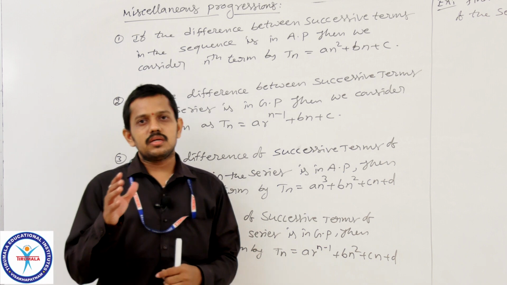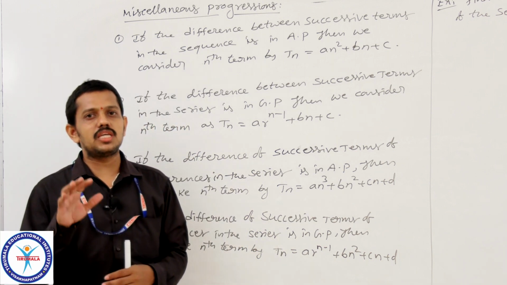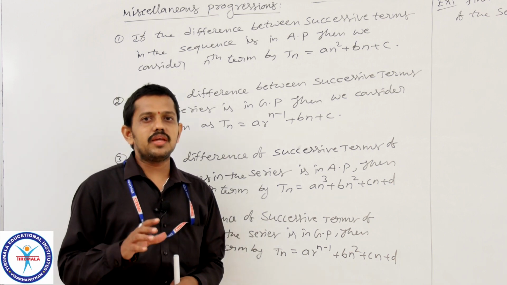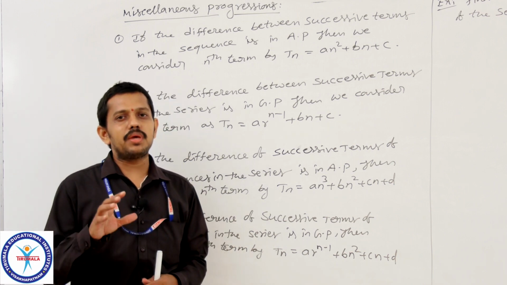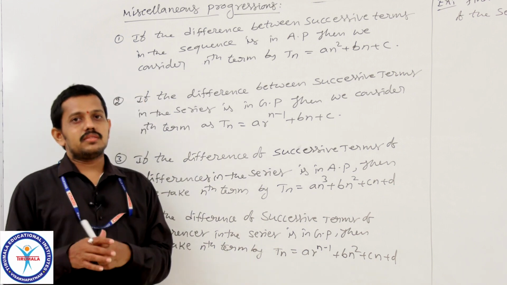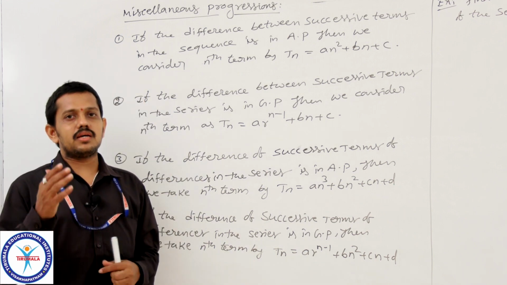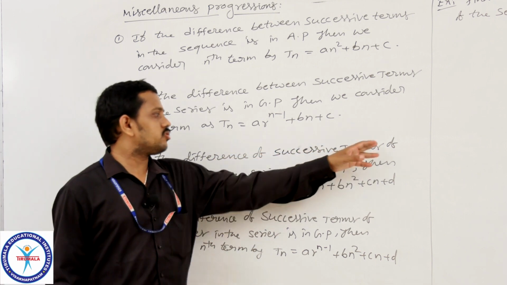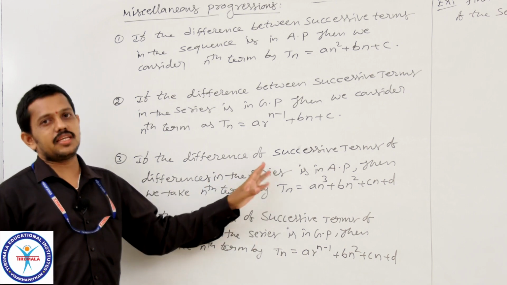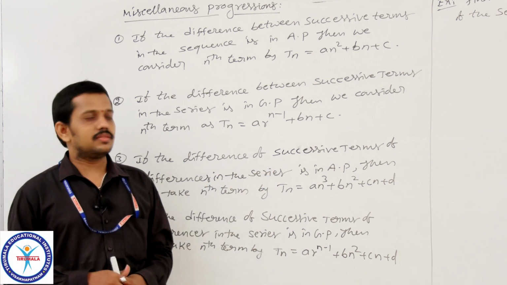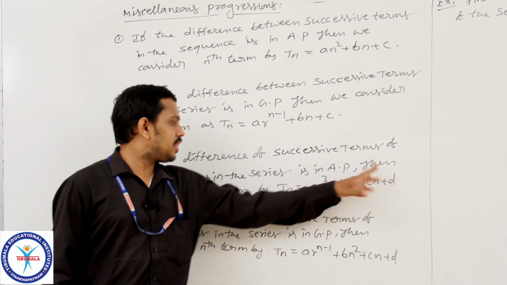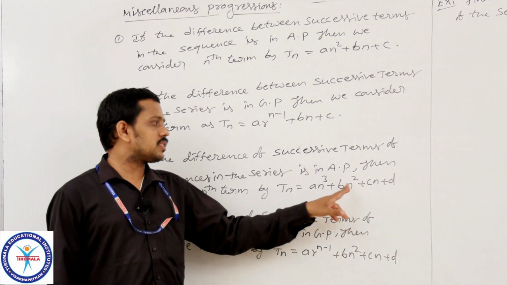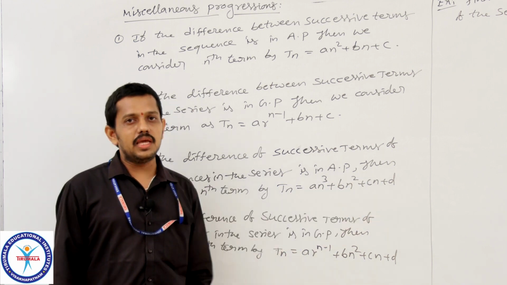Suppose the differences between successive terms are in GP, then we will take the nth term as a into r power n minus 1 plus bn. Suppose again by considering the difference of the differences, that is, the second order difference is in AP, then we take the nth term as Tn = an³ + bn² + cn + d.